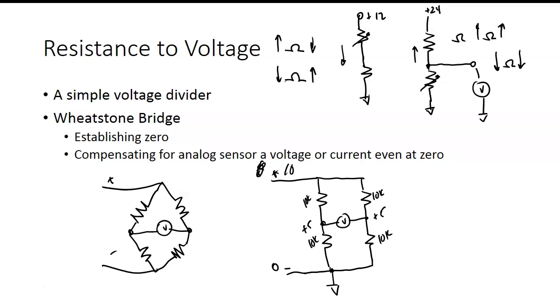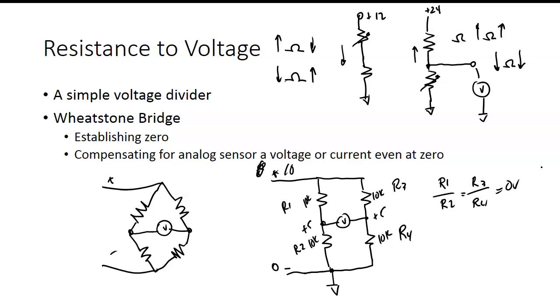So if I call this R1 and R2, and I call this R3 and R4, if the ratio of R1 divided by R2 is equal to the ratio of R3 divided by R4, then the output would be equal to 0.